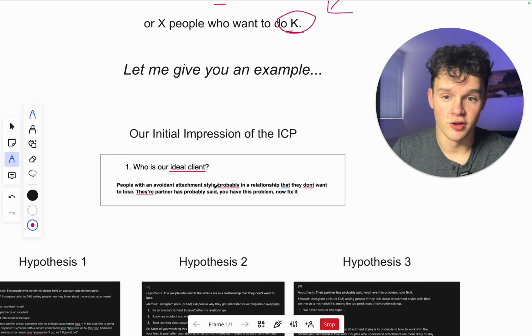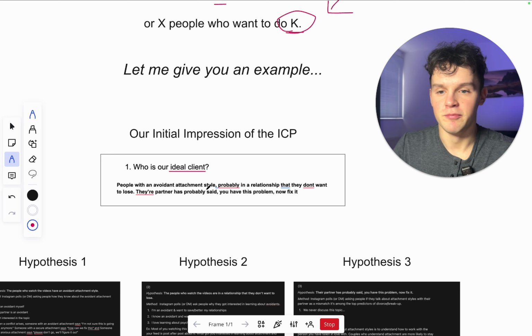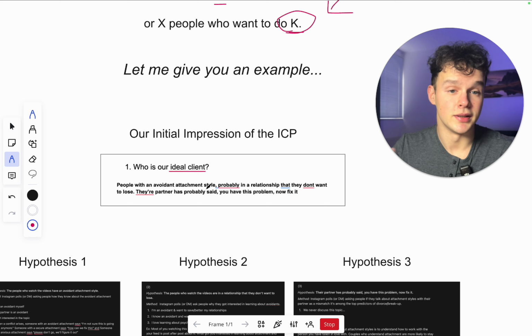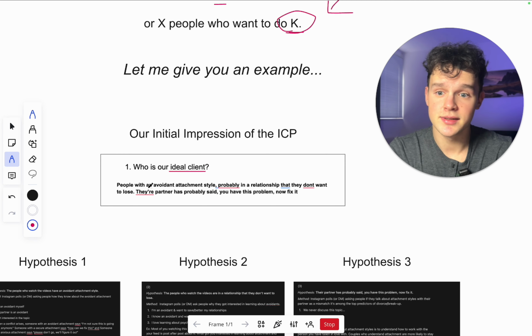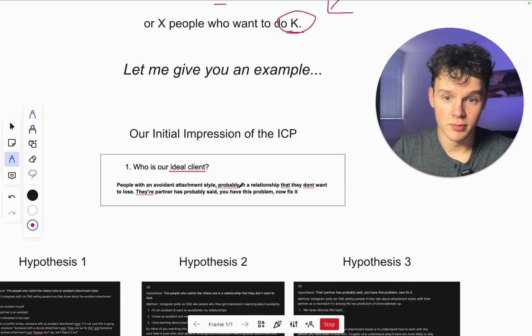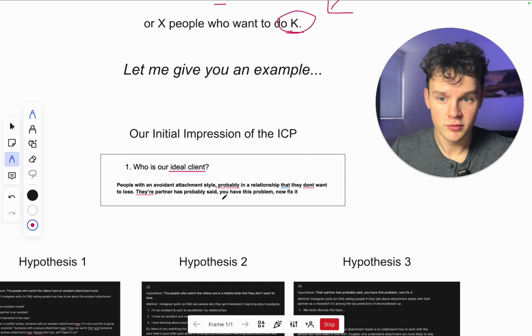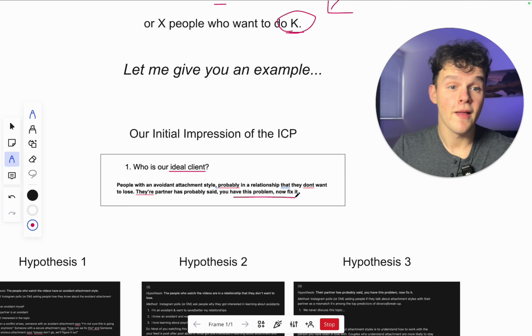That's a psychological term for a certain type of person that exists. You know, they react to certain types of things a little bit differently than other attachment styles. So let's say that the people with an avoidant attachment style are probably in a relationship that they don't want to lose, and their partner has probably said, you have this problem, now fix it.